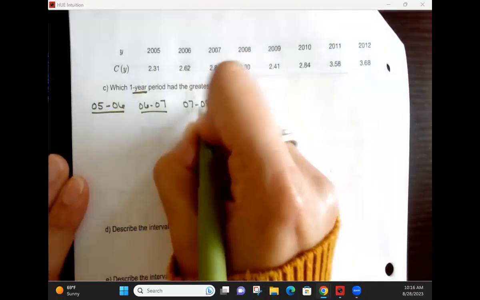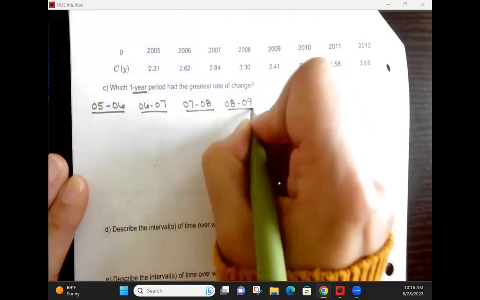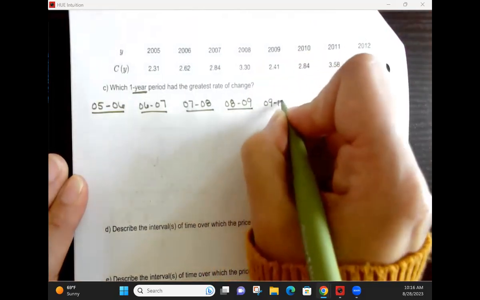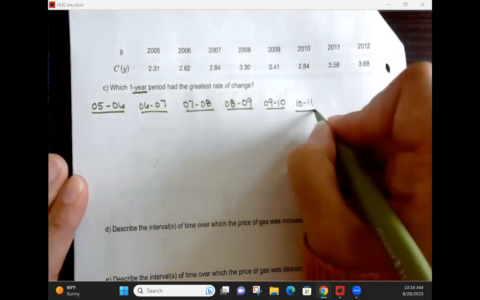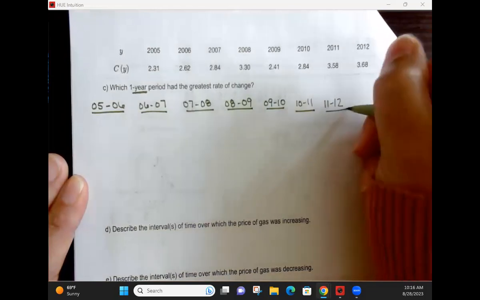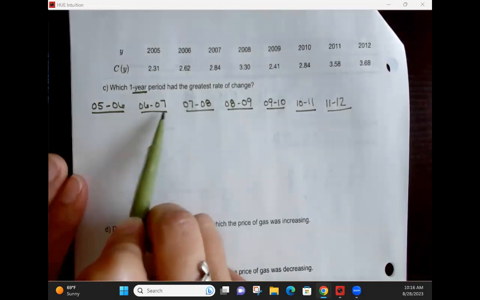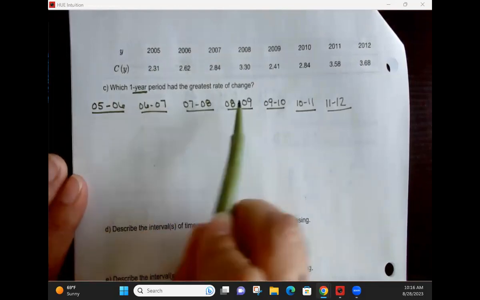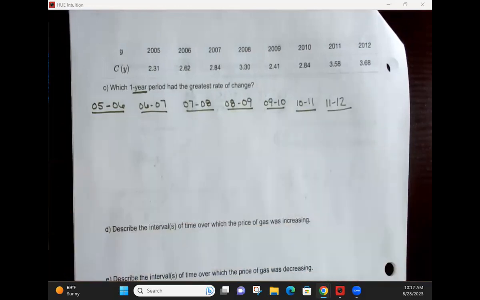Set up my intervals here. So we've got 05 to 06, 06 to 07, 07 to 08, 08 to 09, 09 to 10, 10 to 11, 11 to 12. Make sure you've got them all.